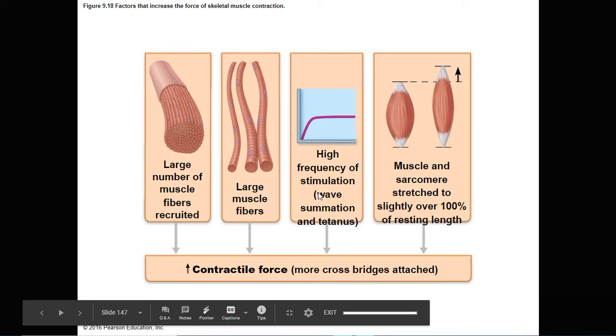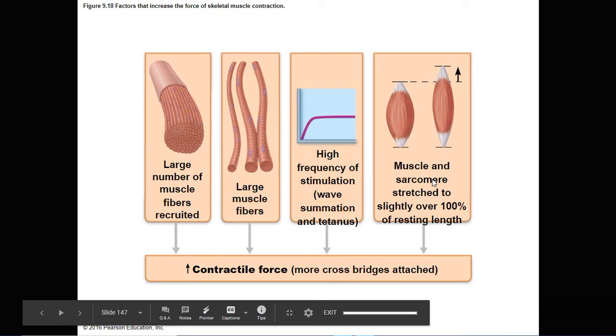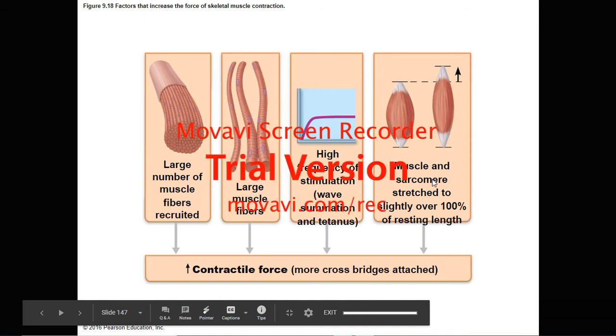If you have a high frequency of stimulation, that can create a greater contractile force. And then the degree of muscle stretch. So 80 to 120% is what you want. Around 80 through 120% is your degree of muscle stretch, and that's going to generate the greatest contractile force.